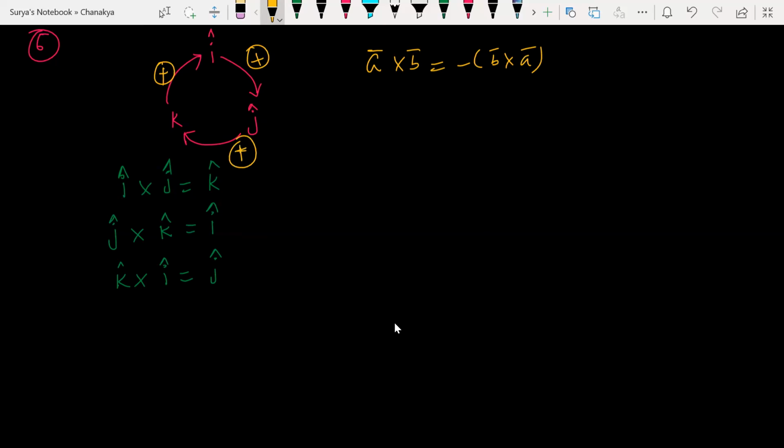As soon as you're moving in a clockwise direction, I cross J gives you K, positive K. Hope it is clear.